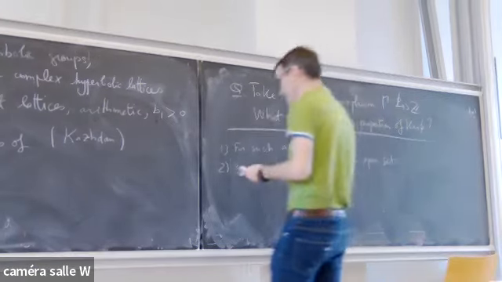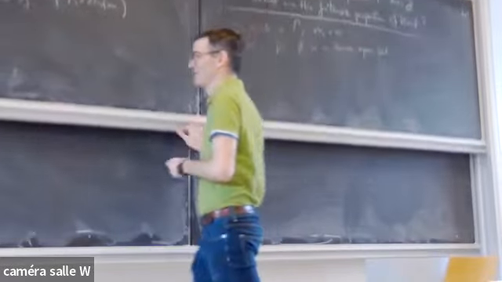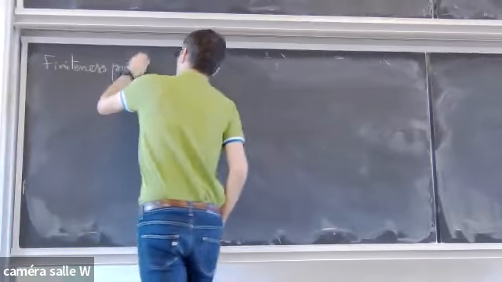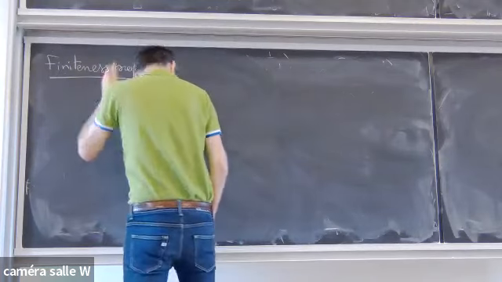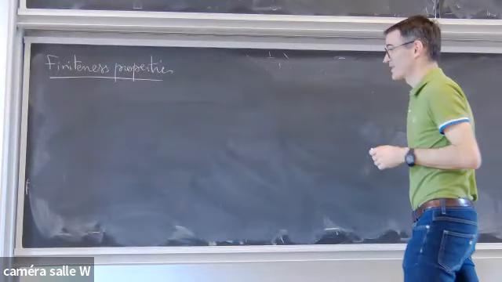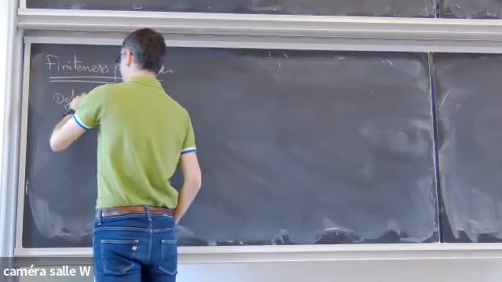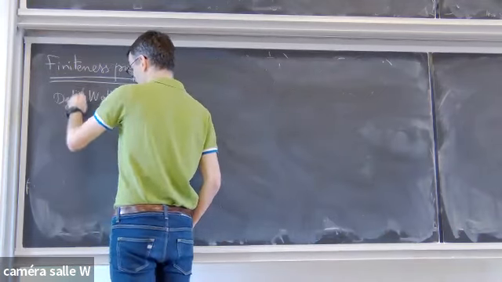Okay, so now I will define a finiteness property. There are plenty of finiteness properties in group theory. The one I will talk about is the topological one.